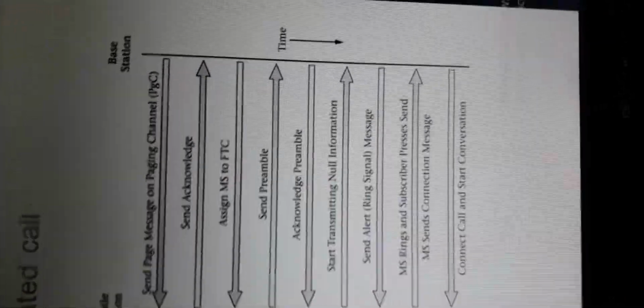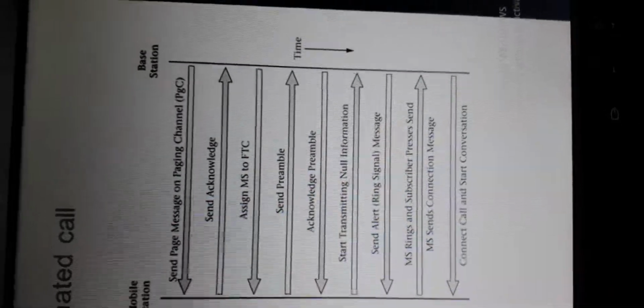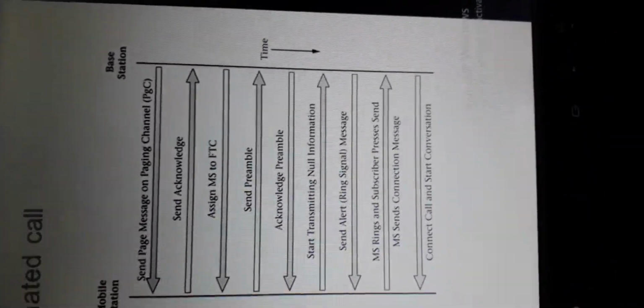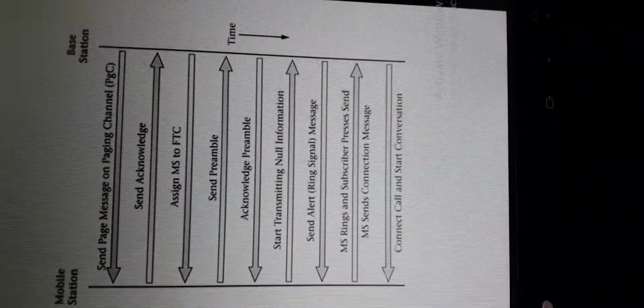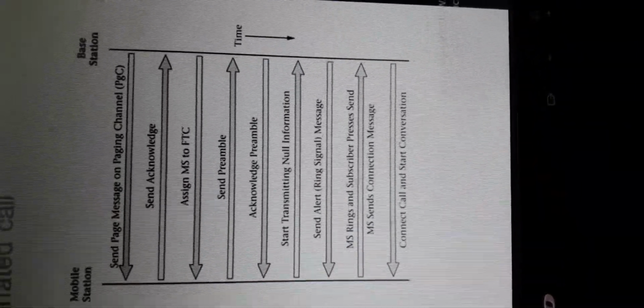Similarly, this is the mobile terminated call. It's also very simple. Mobile terminated call, as I told you, paging channel first, acknowledgement, then forward traffic channel sending some preambles and acknowledgement, and there will be pilot channel information, then ringing, alerting, and then connection message, and the call starts, conversation.